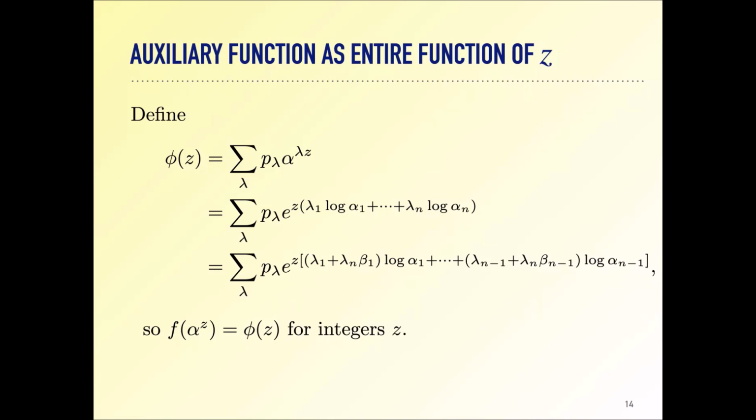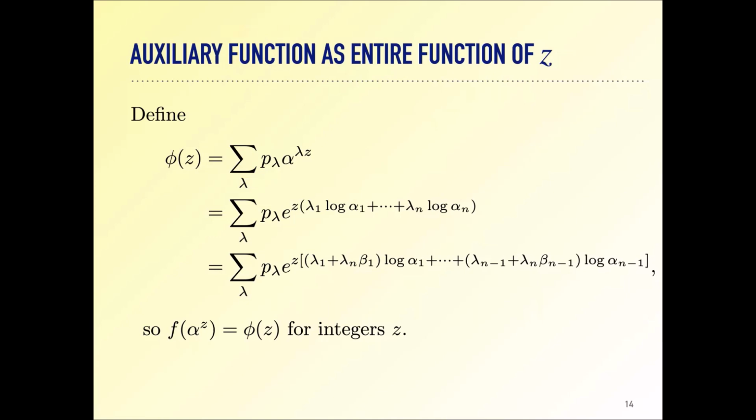If z is a complex parameter, it would mean the exponential of z times lambda times some logarithm of alpha. I said there's a choice of logarithm because logarithm is a multi-valued function. So you take the choice of logarithms that you started with in your linear dependence.